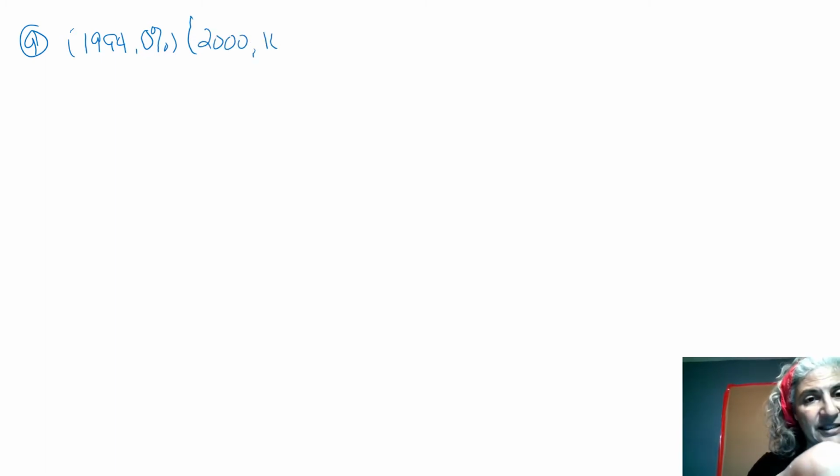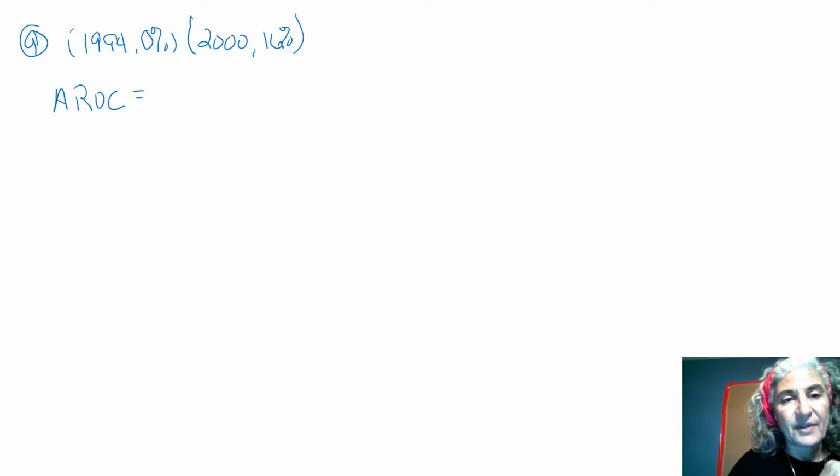All right, so the first thing they wanted to find was, this is part A, they wanted from 1994, which had 0%, to 2000, which was at 16%. Okay, so to find the average rate of change, yeah, we're going to have to take the difference of the y's over the difference of the x's.